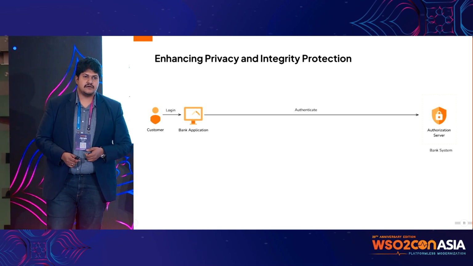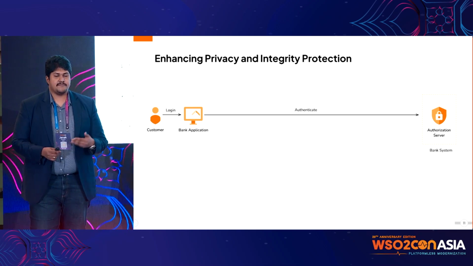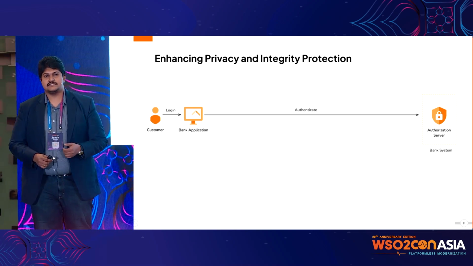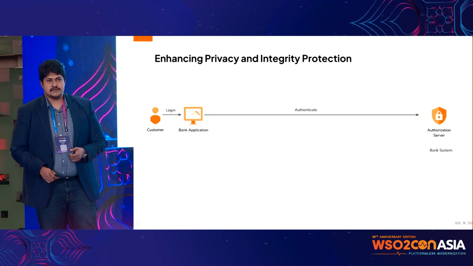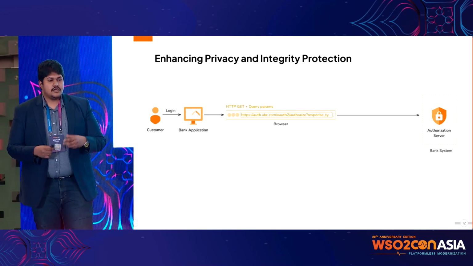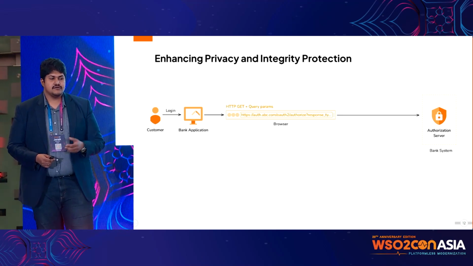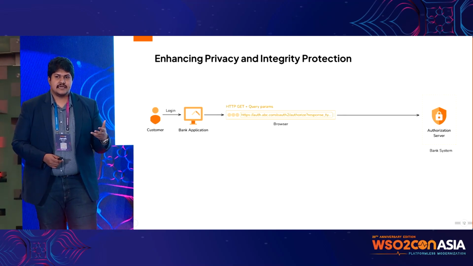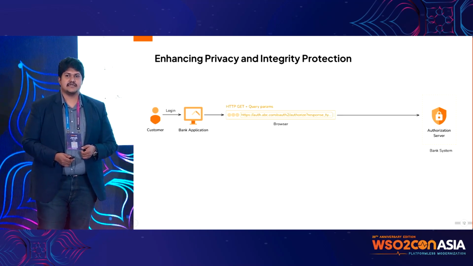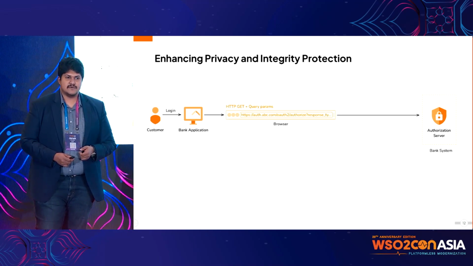When you're logging into, say, a banking application, the banking application will call the bank's authorization server to authenticate the user. But how this actually happens with OAuth is you'd use an HTTP GET request, and you'd send the request details in query parameters. Now, of course, these request details can contain sensitive information as well.